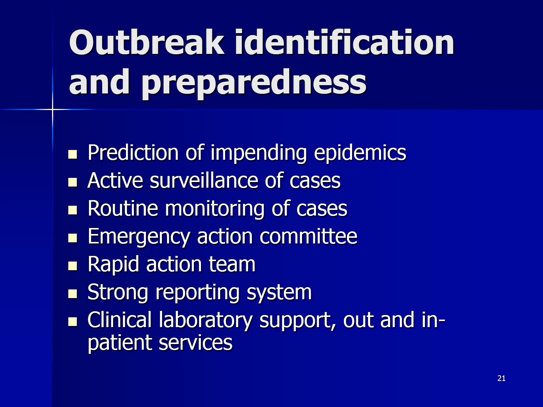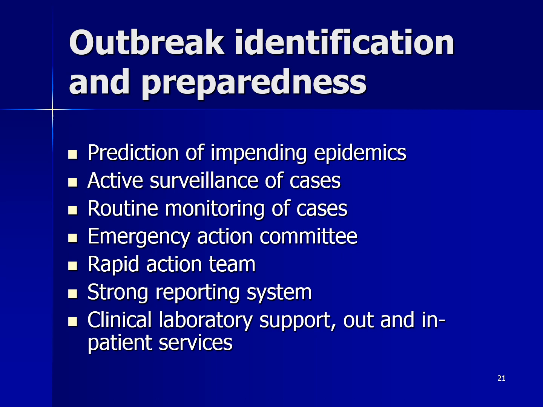Emergency action committee. Of course, we need somebody to respond to the situations that are likely to be faced. Then there is the rapid action team. The committee and the team are an essential part of any type of outbreak preparedness. Then a strong reporting system must be very clear about who will be reporting to whom.